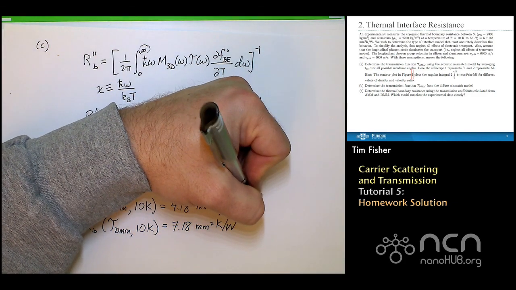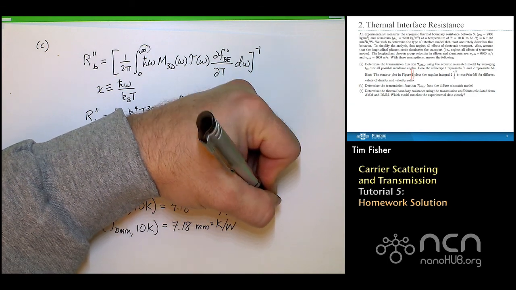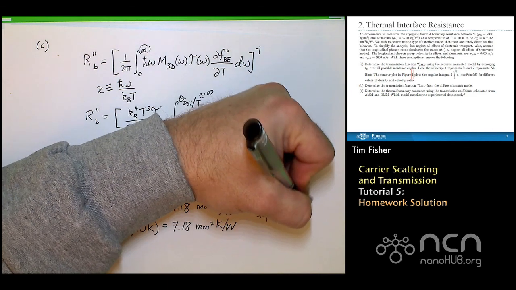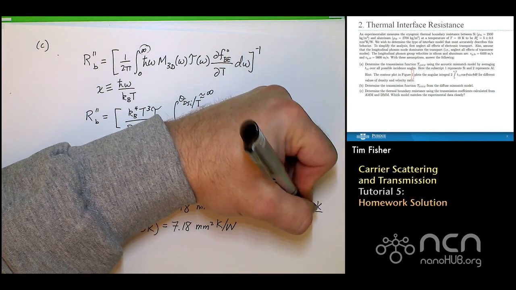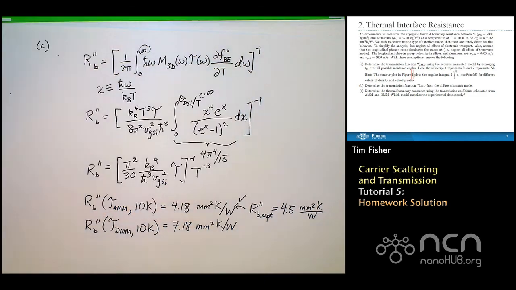So I'll put that here. R double prime experimental equals 4.5 millimeters squared Kelvin per watt. And so it looks like the acoustic mismatch model is better for this problem. All right, that's it.